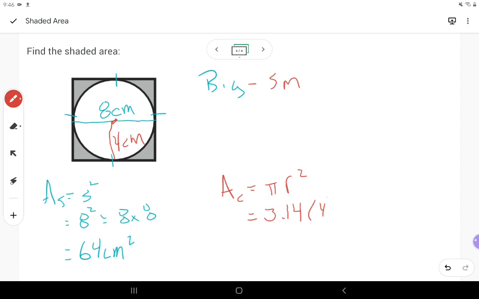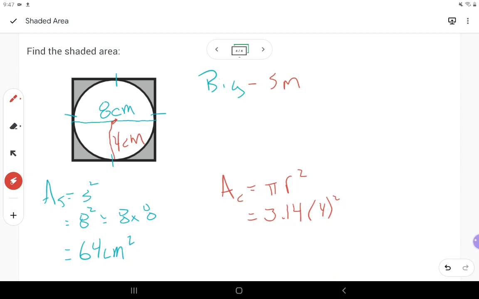And then we're going to put in that 4 squared. Now, we have to do the 4 squared first because we have an exponent. And in our order of operations, it's brackets, exponents, divide, multiply, add, subtract. Exponents comes before our multiplying.